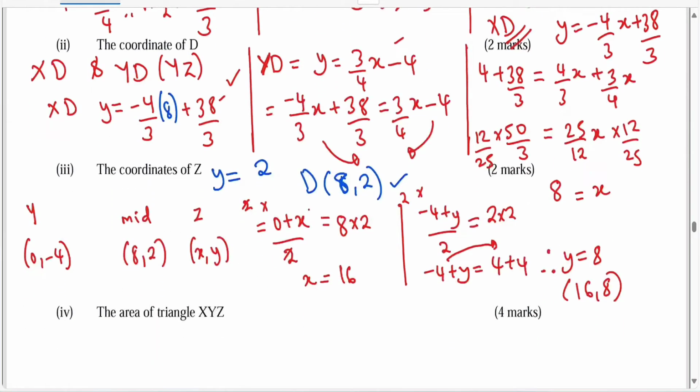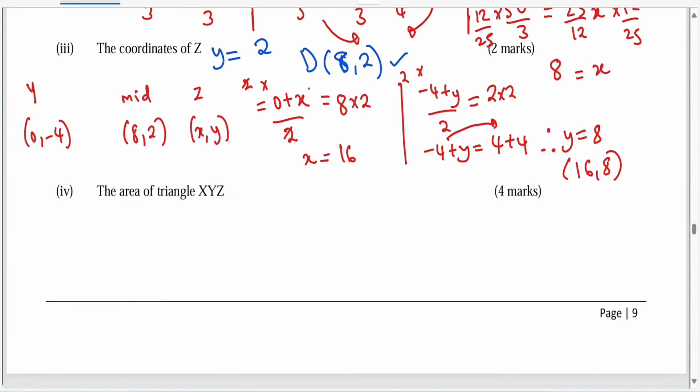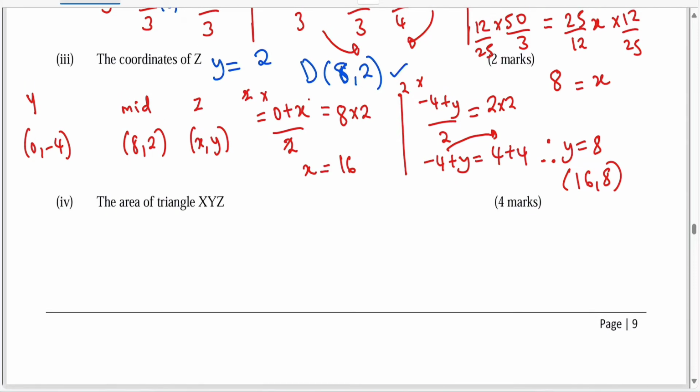So simple. The last question ni the area of triangle XYZ. So let's just draw your XY na Z yetu hapa. So tusije tukakorogana. So hapa ni Y, hapa ni Z. Okay, and hapa ni X, hapa ni D. Points zote tushajua sasa.